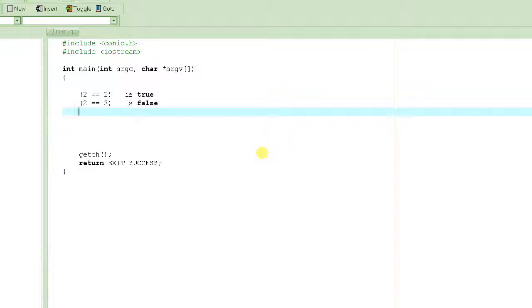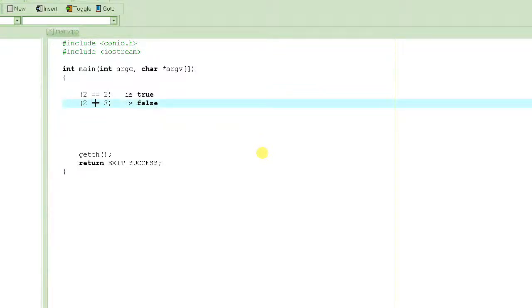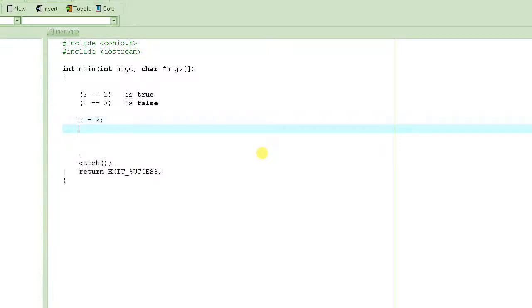Now note that I have written equal to twice. The reason is that single equal to in C, we have already seen that it means something. It means let the value of x be 2. Let's assign 2 to x.